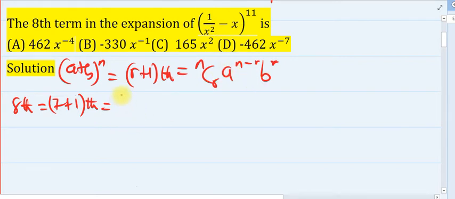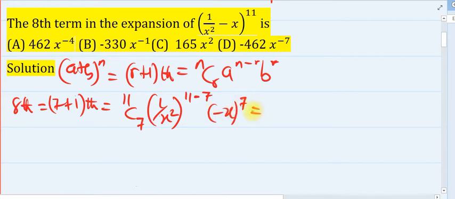So that is 11 combination 7, times a, which is 1 over x squared, raised to power 11 minus 7, and minus x raised to power 7.